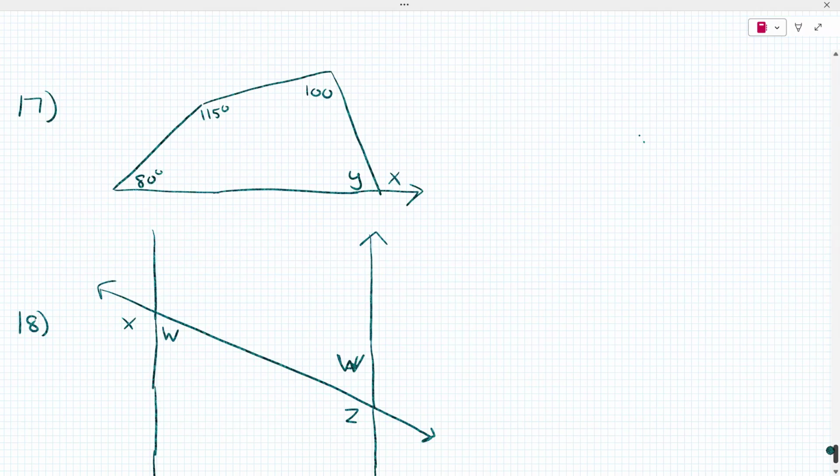Let's do 17. So in 17, there's still 4 sides. It's definitely a quadrilateral, and the direction says find y.